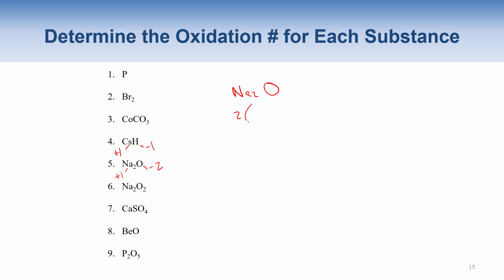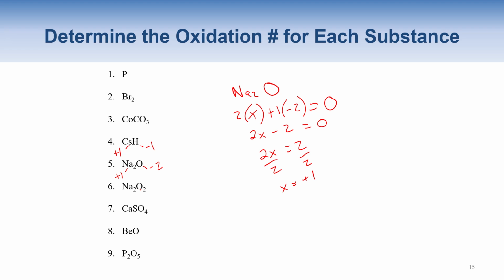So we have 2 sodium, which we don't know what sodium is, plus 1 oxygen, and oxygen is -2, and we set that equal to 0. So that becomes 2x minus 2 equals 0, 2x equals 2, divide by 2 on both sides, x equals +1.